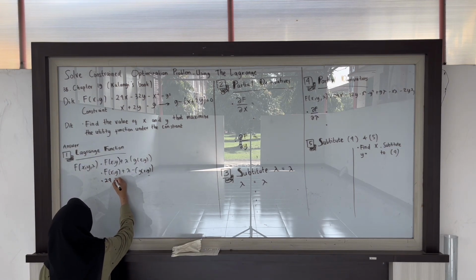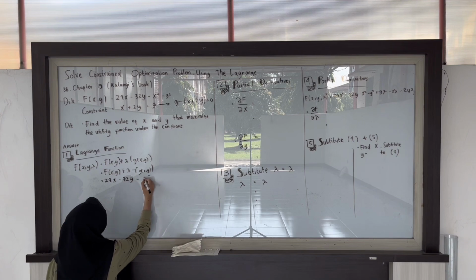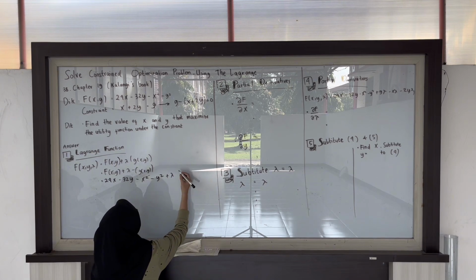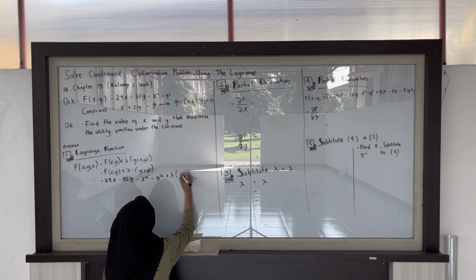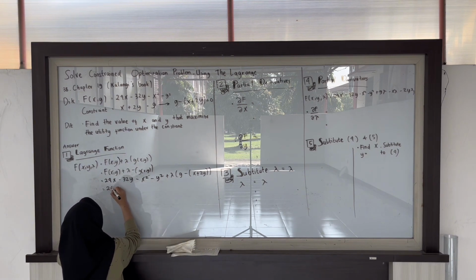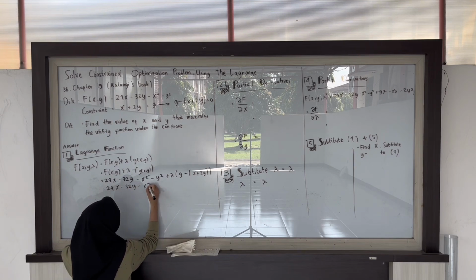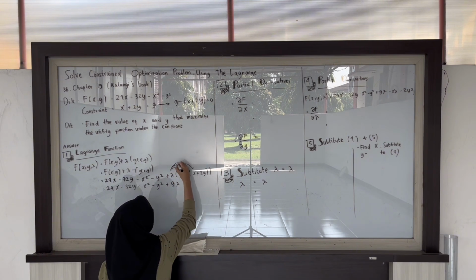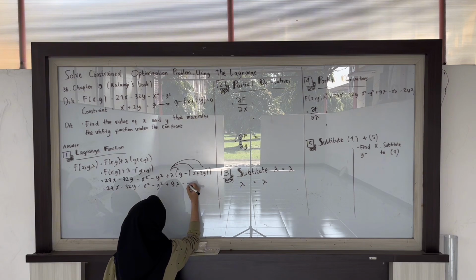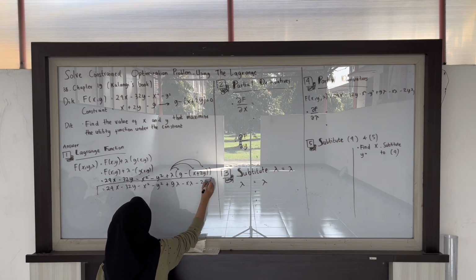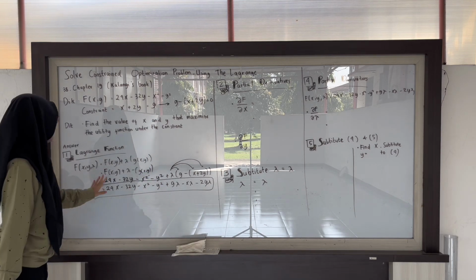So 24x minus 32y minus x squared minus y squared plus lambda times 9 minus x minus 2y, which gives 24x minus 32y minus x squared minus y squared plus 9 lambda minus x lambda minus 2y lambda. So this is the Lagrange function.